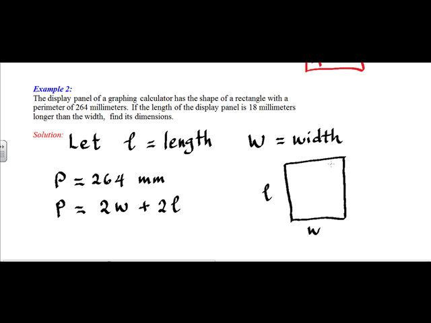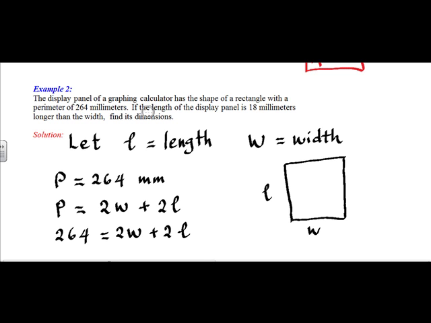They give us the perimeter, which is 264. So 264 has to be equal to 2W plus 2L. That is the first piece of information that they give us, the perimeter.